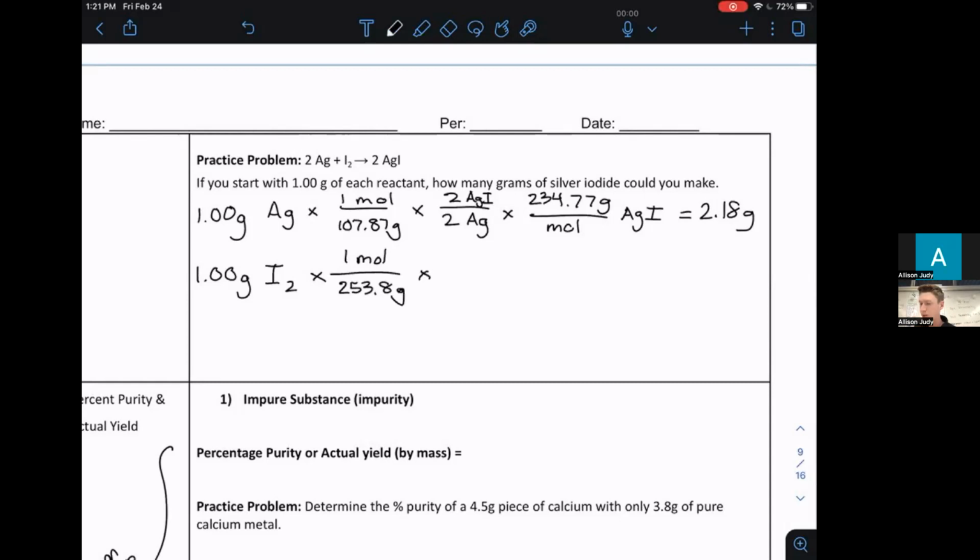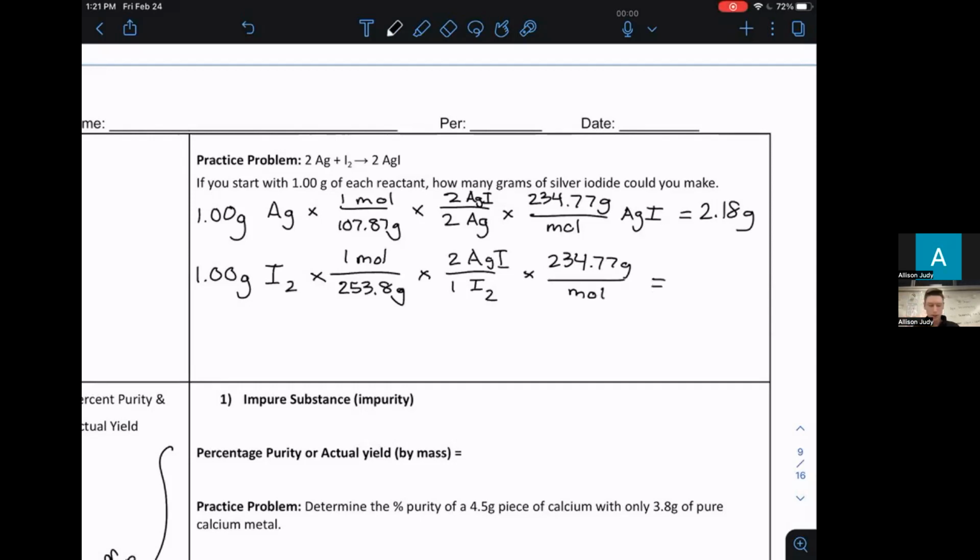And now we need to use the molar ratio to convert to silver iodide. So of course we have 1 diatomic iodine for every 2 moles of silver iodide. And then using the same molar mass that we calculated before, because we're still converting to the same product, we have 234.77 grams per mole.